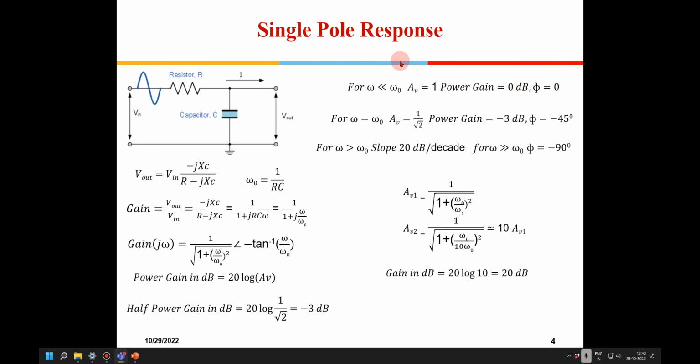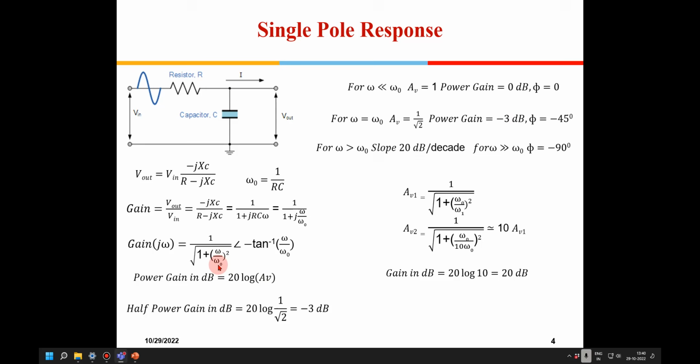Now please understand these 3 steps very carefully, because these are extremely important to understand the stability criteria. So for very low frequencies, power gain is 0 dB, that is, voltage gain is 1. So if I write 20 log 1, 10 to the power of 0 is 1, right? That is why this becomes 0. So power gain is 0.